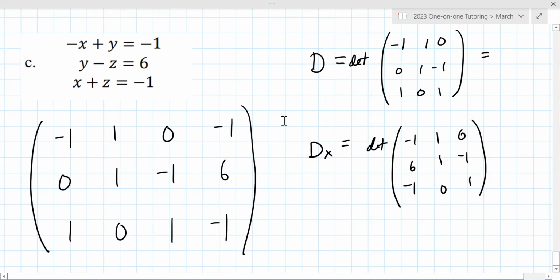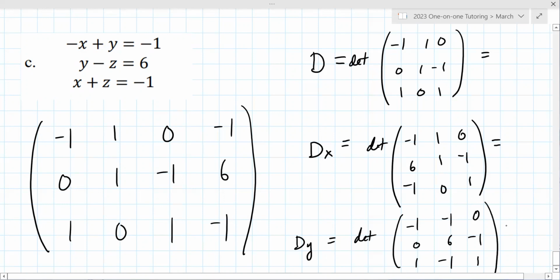I'm trying not to go back and forth because that's pretty tough. For dy, you take the right hand side and plop it right there in the middle for y. So notice you're only changing one column at a time.